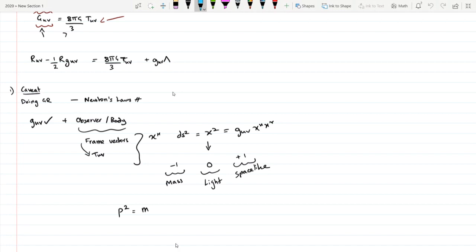This is actually the relativistic equation, where p squared is just like how we had x squared. When I have x squared, I mean that I'm contracting the indices together. This is what x squared is, and similarly p squared is a momentum flow vector.